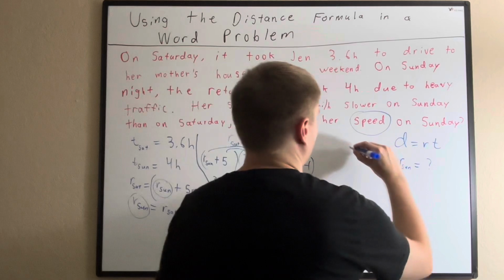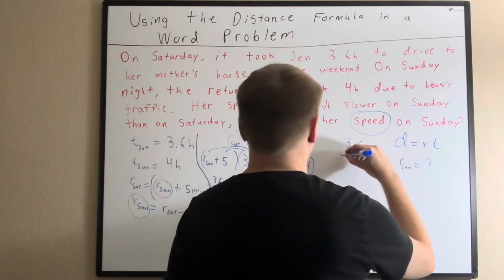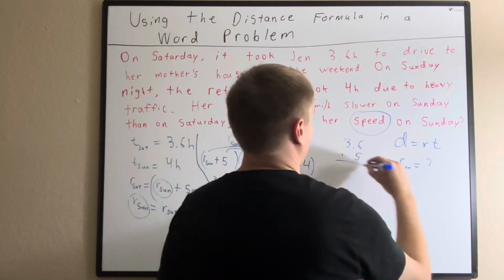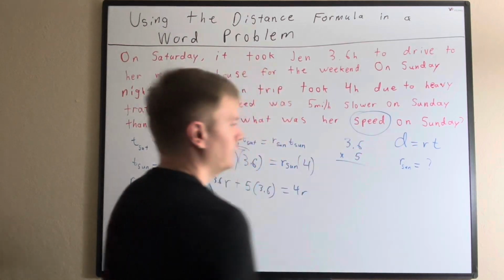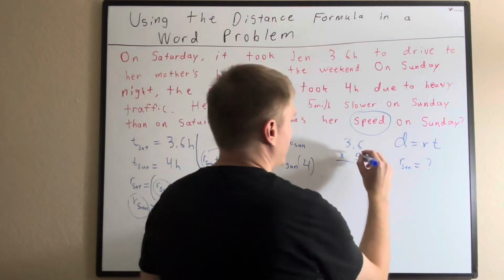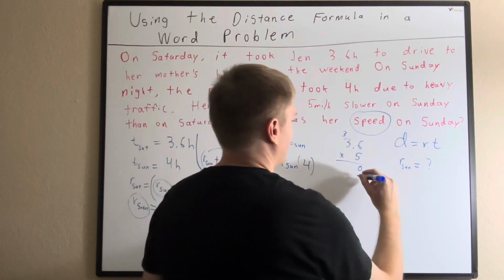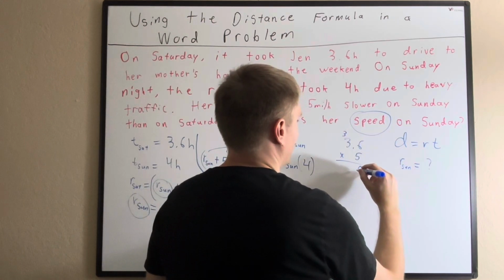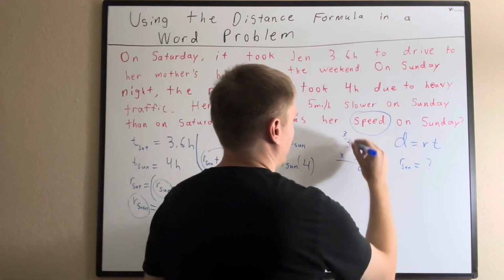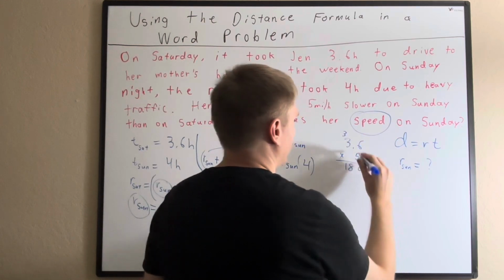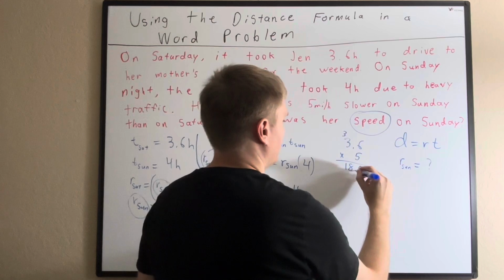Let's just assume you don't have a calculator. You're not allowed one on a test or something. Maybe a strict teacher or something like that. I don't know. 6 times 5 is 30, right? 3 times 5 is 15, plus 3 is 18. Move that decimal over.